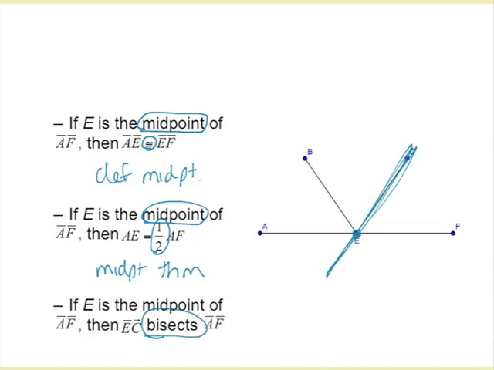We're going to focus on this word bisect, and this is actually our definition of bisect. We learned the definition of bisect back in chapter 1, and we haven't used it very much since then. But our definition of bisect said something, so in this case a ray, that goes through a midpoint. So that bisector goes through the midpoint E.